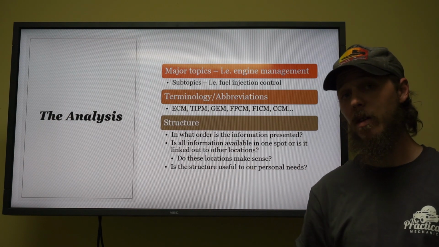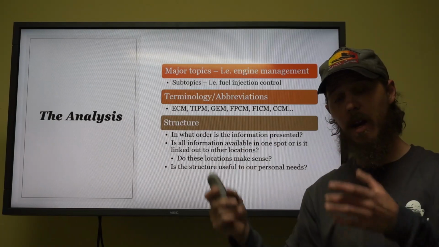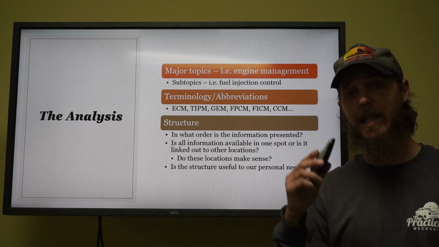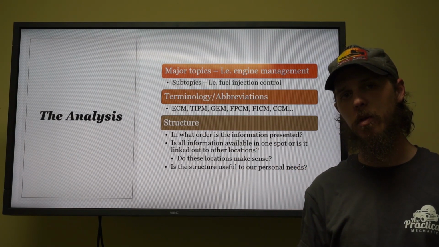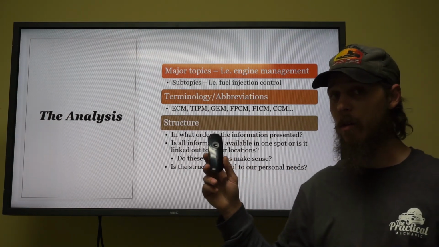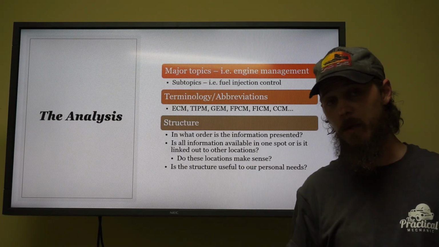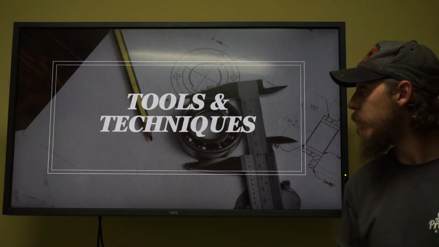Get yourself a good aftermarket information supplier who labels everything and lays it out in a way that makes sense for you. The easier your informational source is to use, the better off you are. Keep in mind though, you still want it as accurate as possible, updated as frequently as possible.